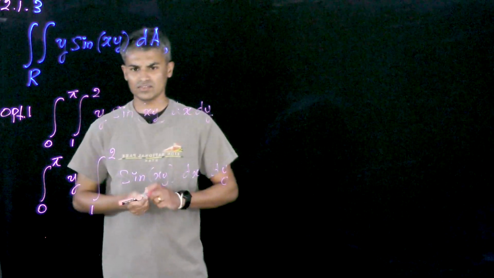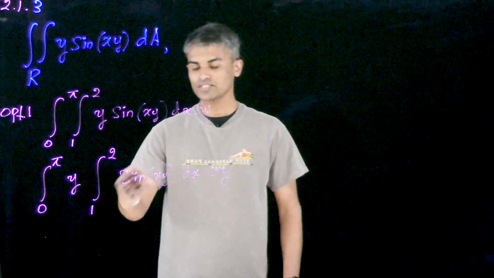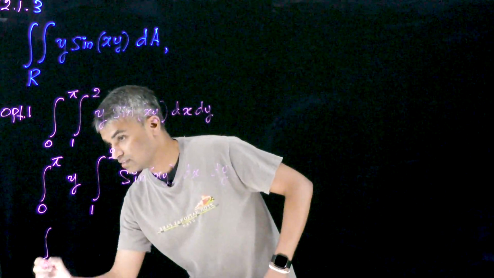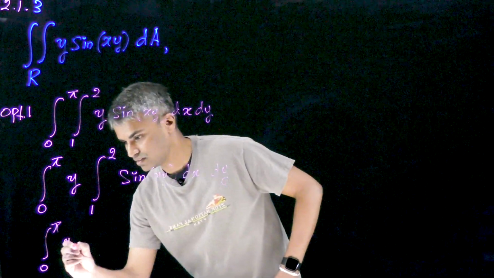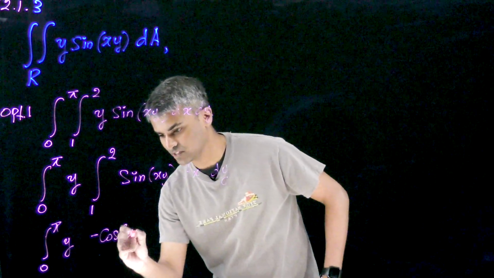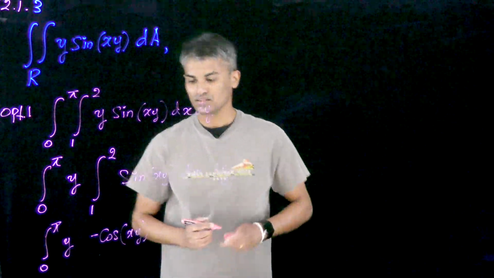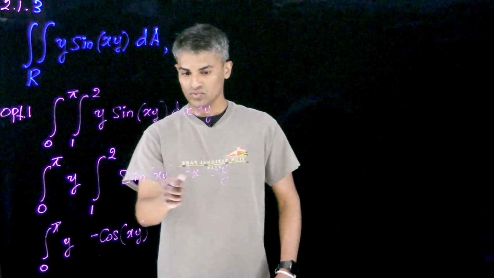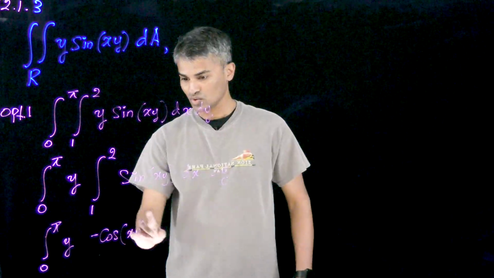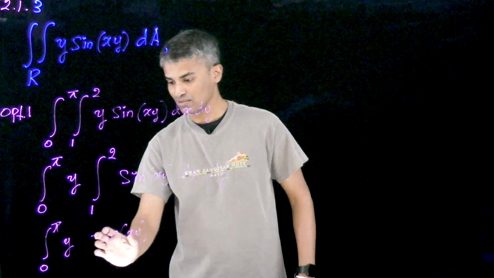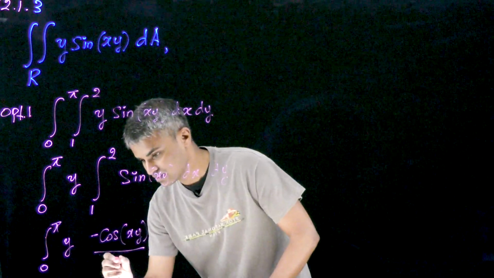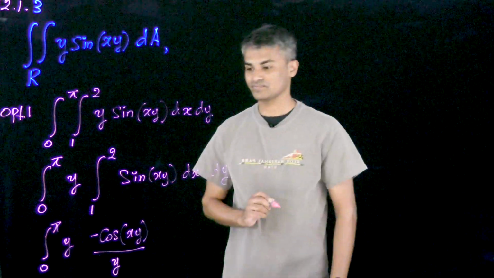Now, integral of sine is a negative cosine. So we have negative cosine of xy, but with respect to the x variable y is a constant. So integral of sine xy should be minus cosine xy over the constant which is y.